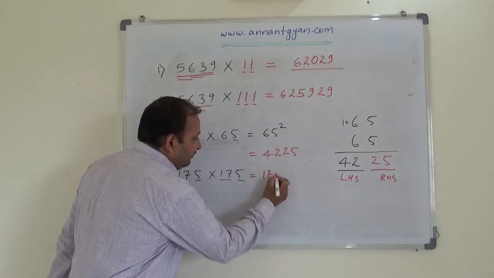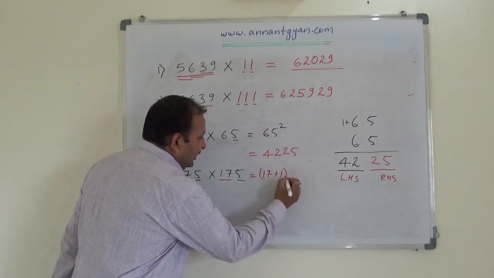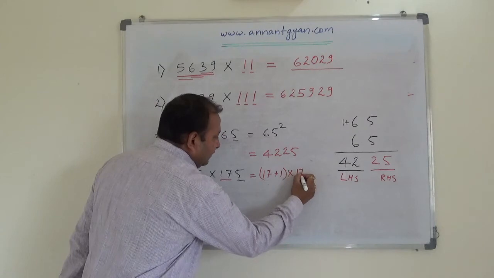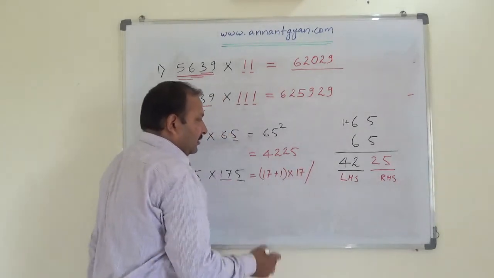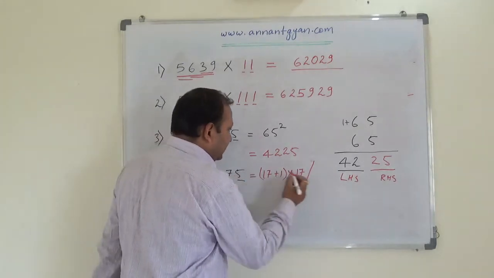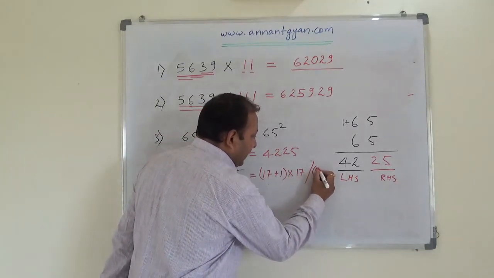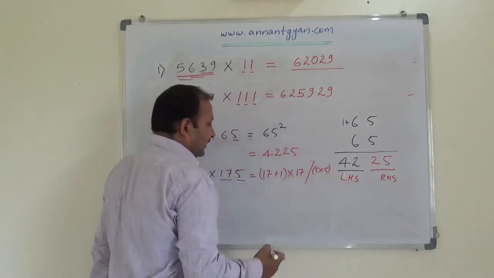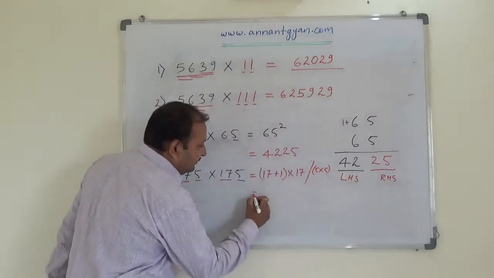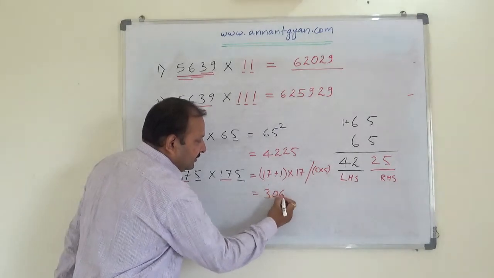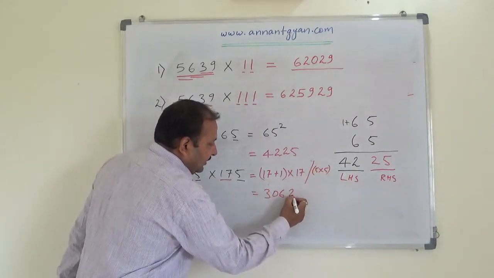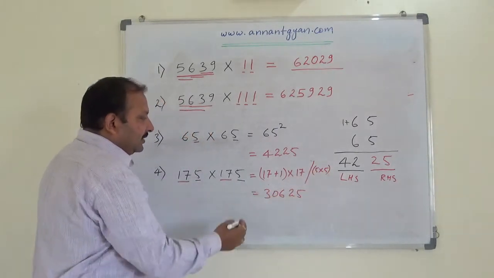So 17 plus 1 into this 10th place number, and this is the left hand side of the result, and on the right hand side we shall multiply 5 into 5 and we shall get the answer. So this is 17 plus 1, 18, 18 into 17 is 306, and this is 5 into 5, that is 25. How are we getting this 306?